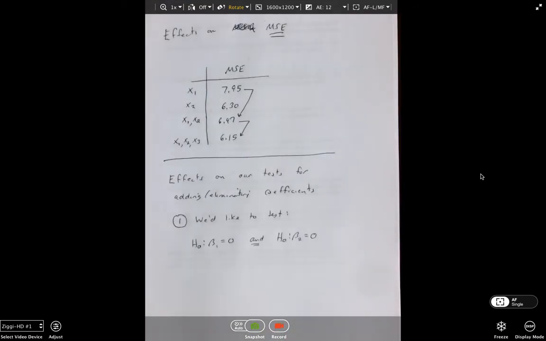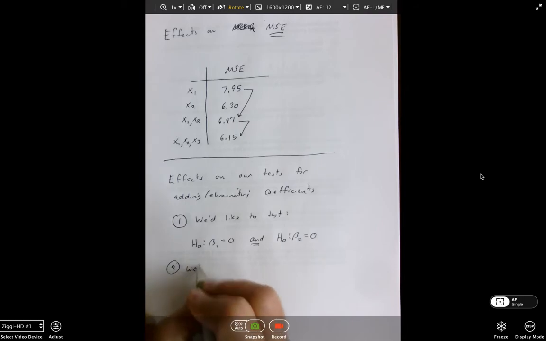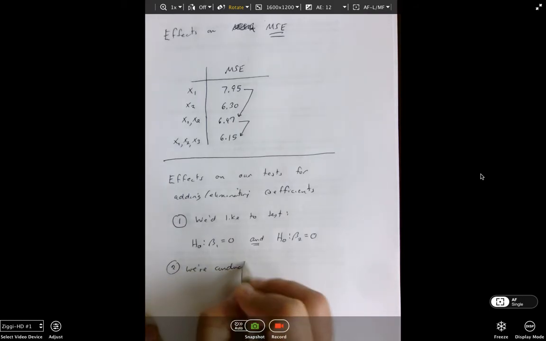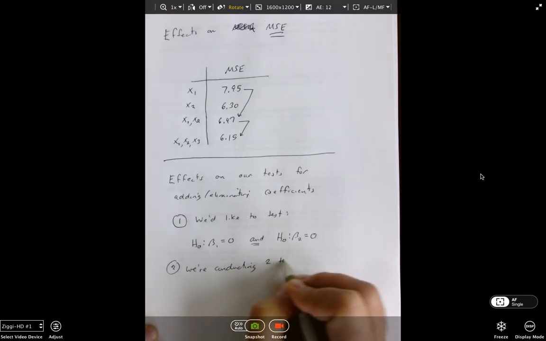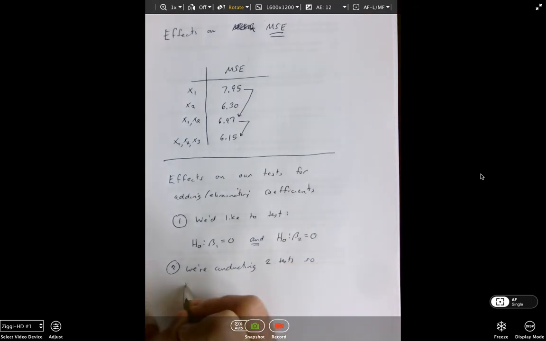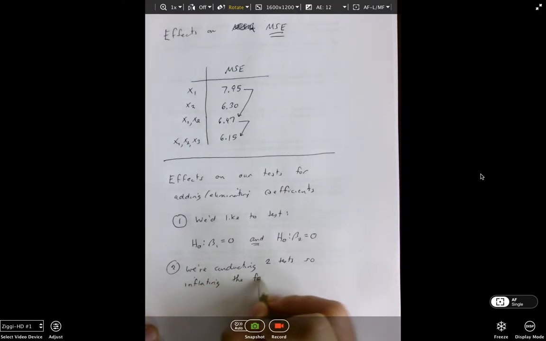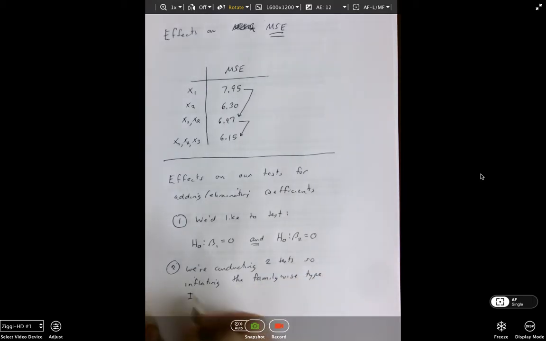This is actually kind of good that we pose that at this stage of 6500. What would we do? Well, we're conducting two tests, so inflating what we call the family-wise type 1 error rate is probable.